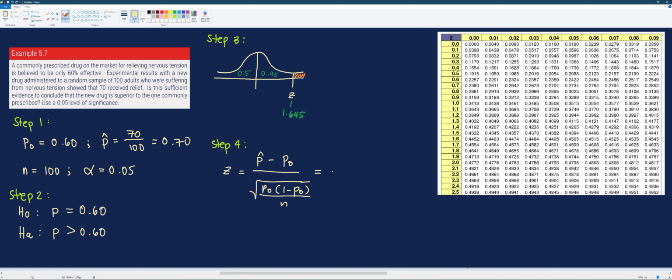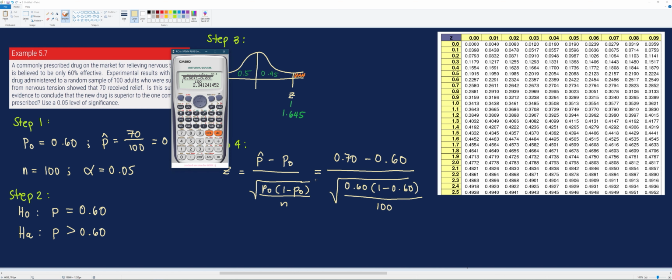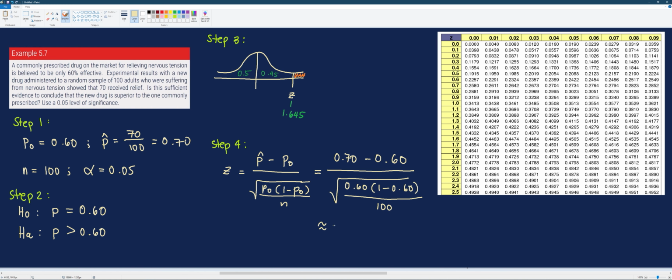Then, we substitute the values and we have 0.70 minus 0.60 over the square root of 0.60 times 1 minus 0.60, all over 100. Using our calculator to solve for the value of z, we get the result of about 2.04. The position of the calculated z is somewhere here in the shaded region.